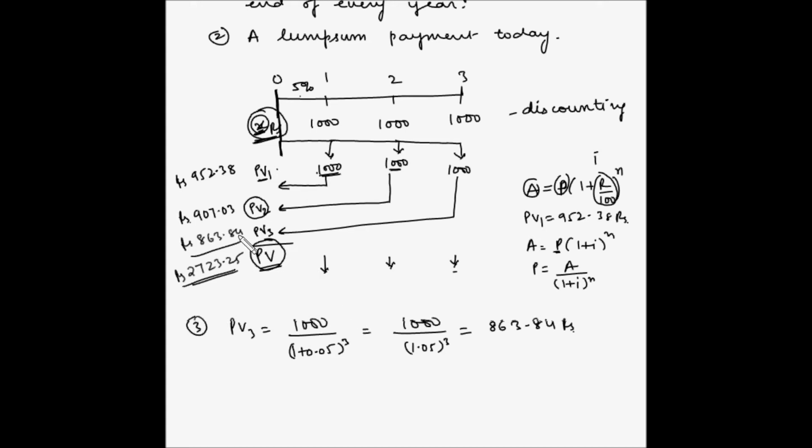So here we calculate PV1, PV2, PV3 using these formulas for compound interest. But this can become very tedious if you have a large number of years for which you have invested the money. So let's try to derive a formula based on these calculations that we just performed.